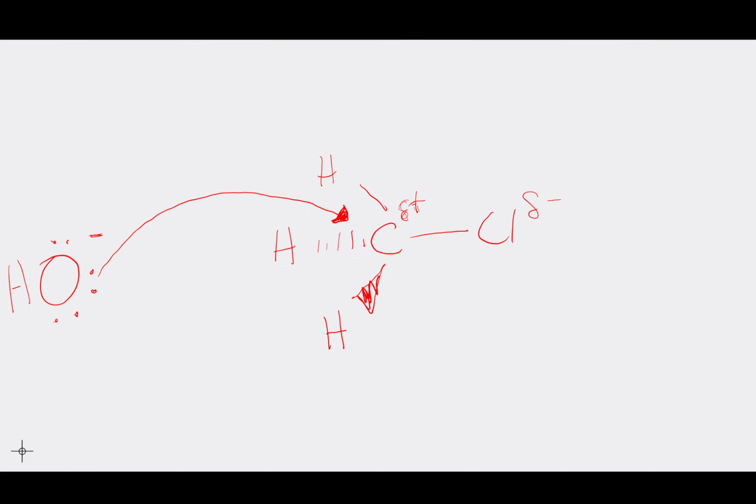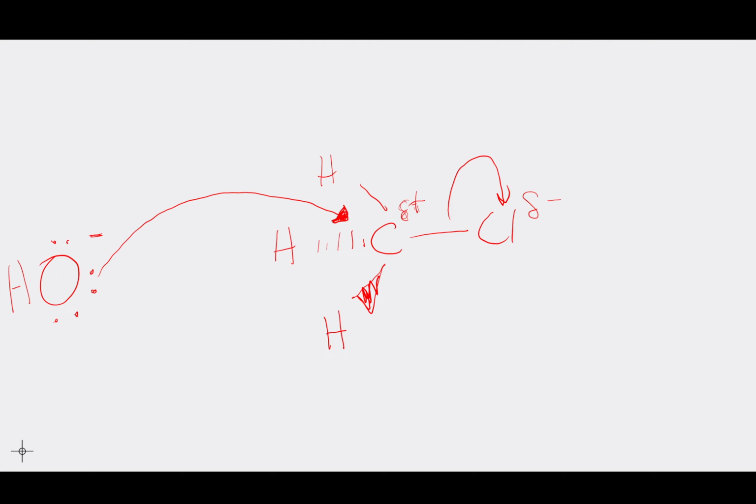And then we're going to have the formation of a transition state. The bond is not going to break just yet. There's going to be a breakage, but it's not going to break just yet. What we're going to have is the creation of a transition state.